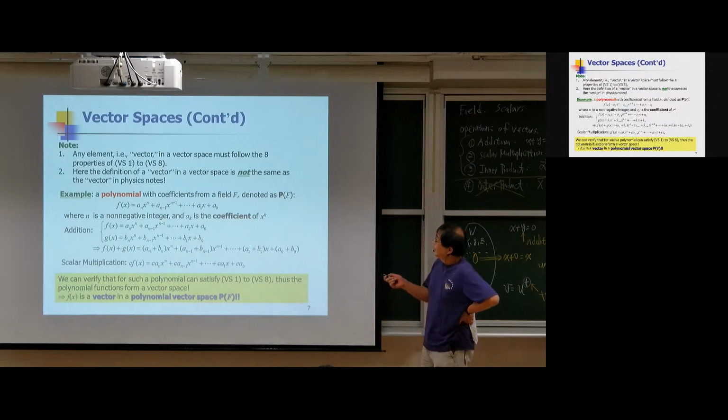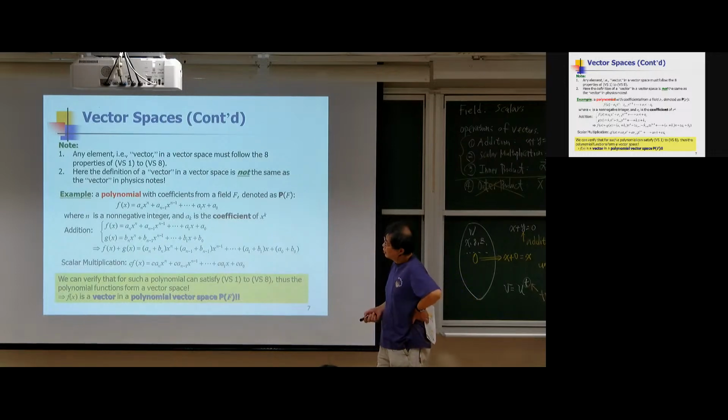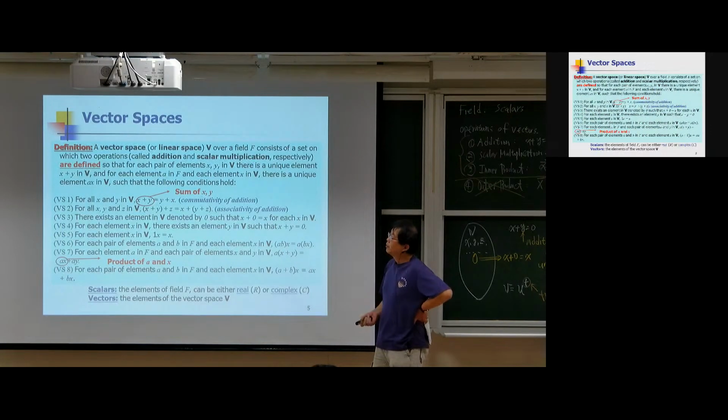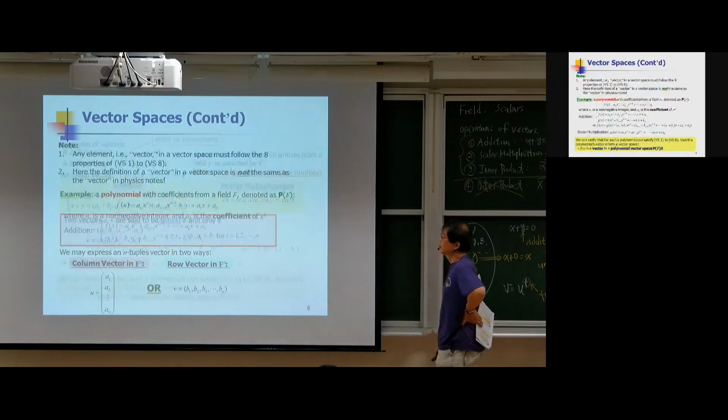And here the definition of vector is no longer the same as how we define a vector in physics, because any mathematical system that has these eight properties forms a vector space.